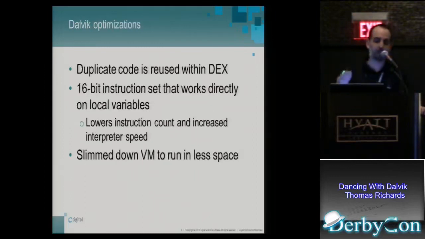Some of the optimizations they use: duplicate code is reused within the code. They have a 16-bit instruction set that works directly on local variables. It also lowers the instruction count and increases interpreter speed. So this allows it to run in less space compared to the traditional Java VM.